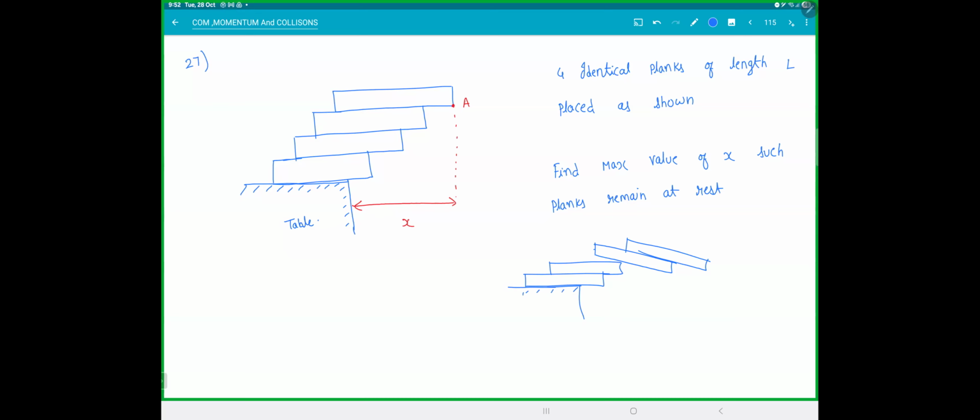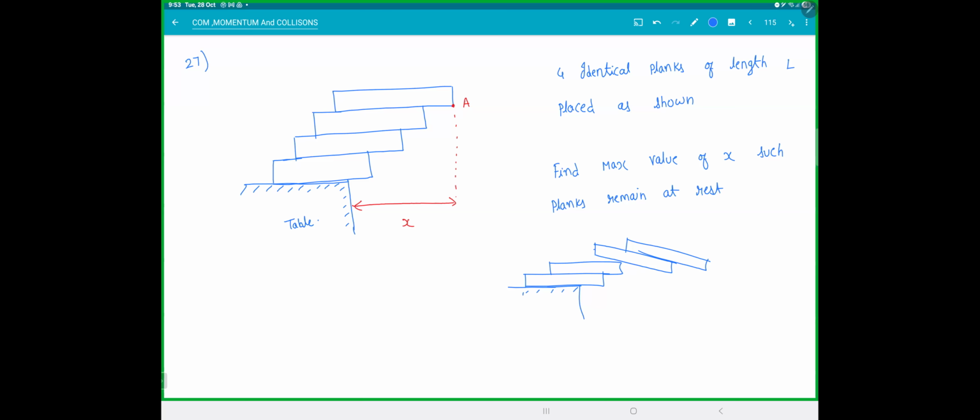It means, what is the maximum distance you can push the planks outside without losing that stability? I hope the question was clear. Anyone who didn't get the picture, please ask me.